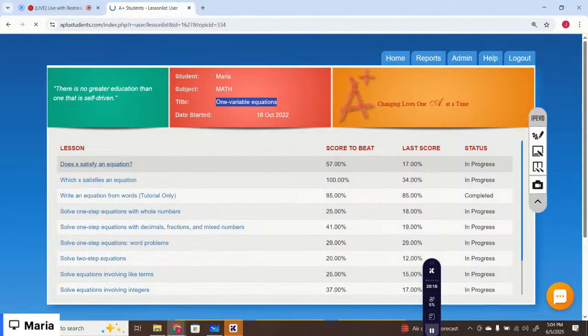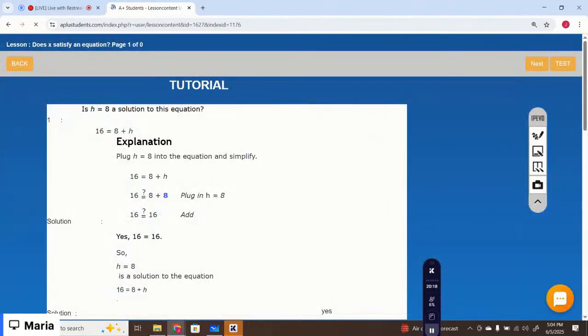Does x satisfy an equation? Is h equals 8 a solution to this equation? Just replace the variable h with the value.